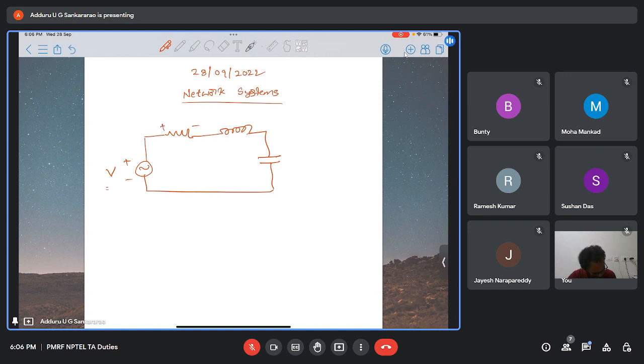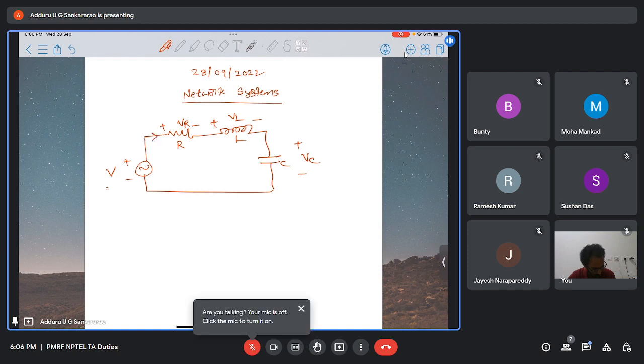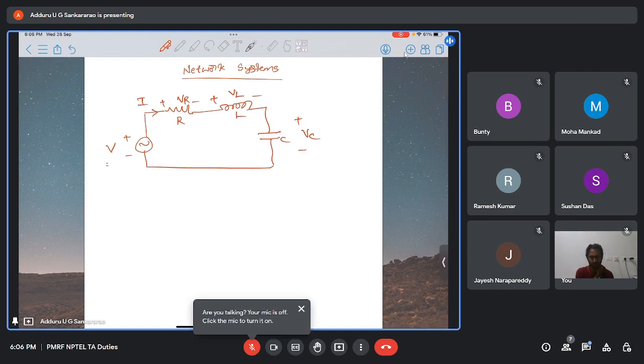So this is VR, this is resistor, this is VL, inductor, and this is capacitor. Since these are in series, the current through all the elements is common, that is I. So this is a typical series RLC circuit.